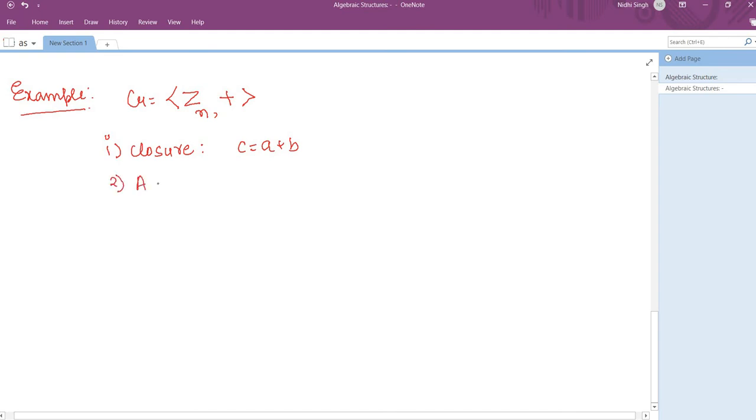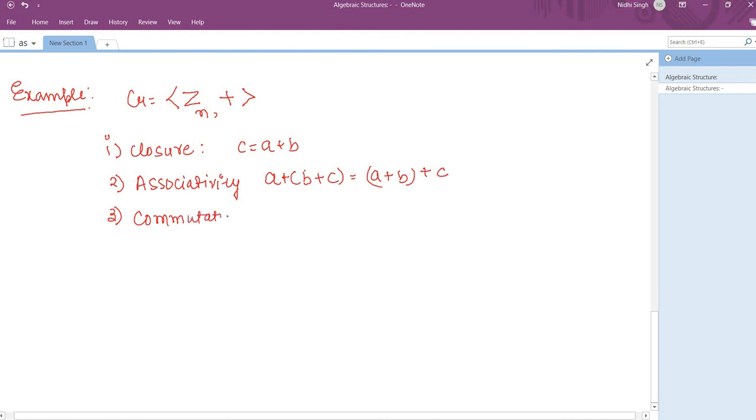Second is associativity. Obviously for normal addition, the associativity rule applies, so this rule also holds. Now the next one is commutativity, because we are talking about a commutative group.